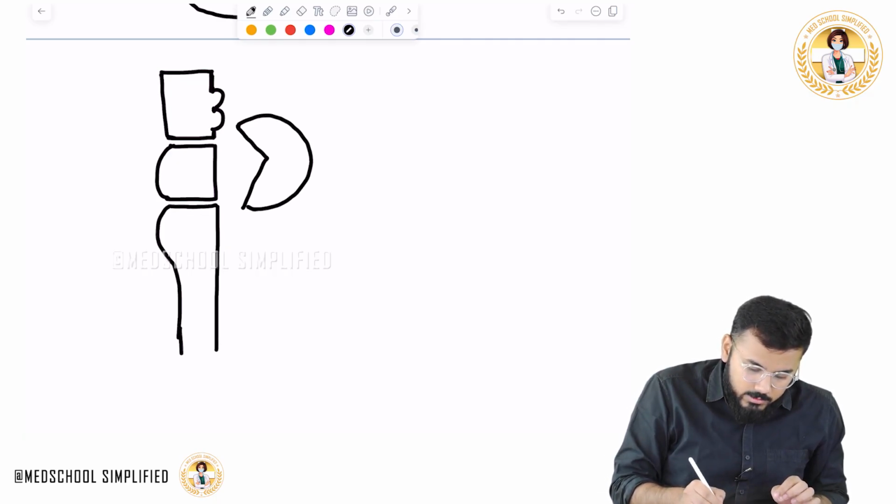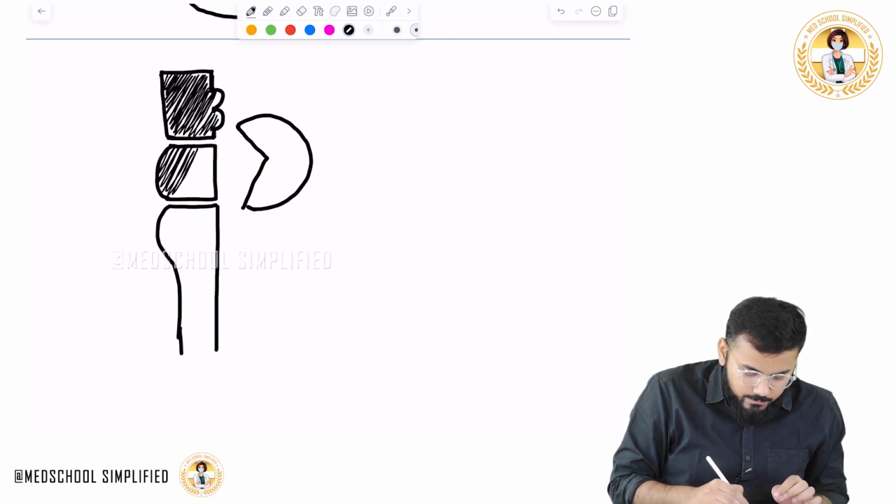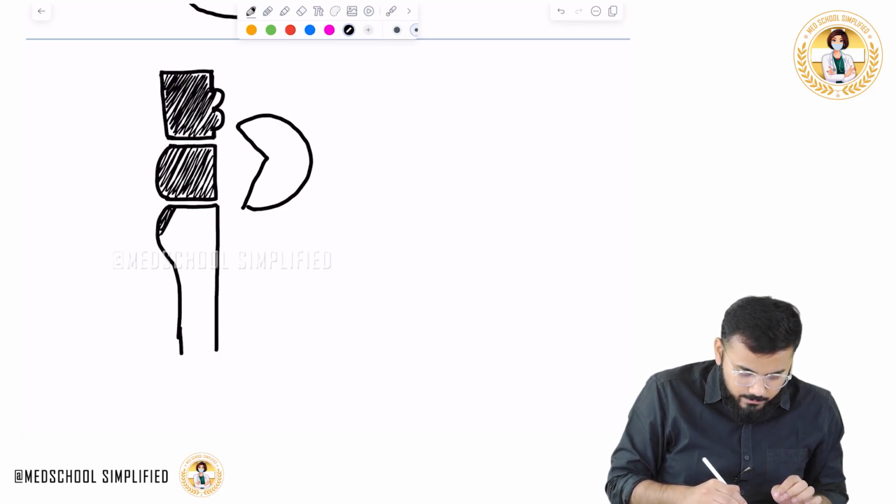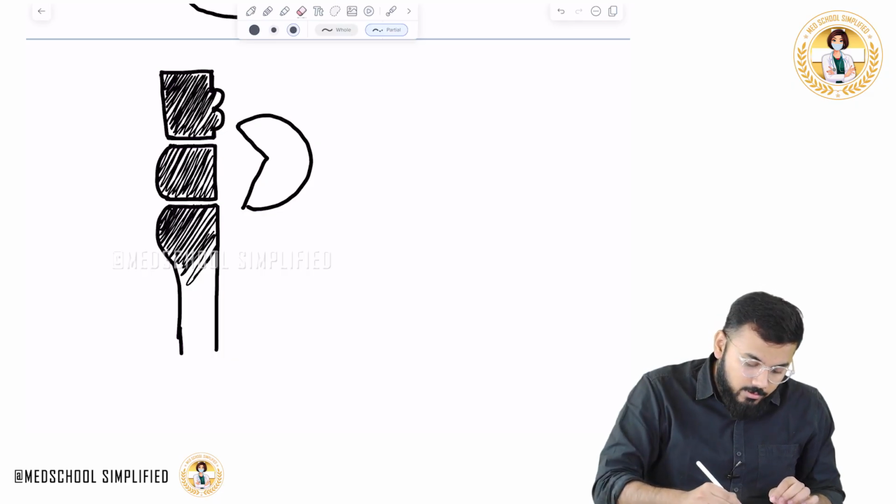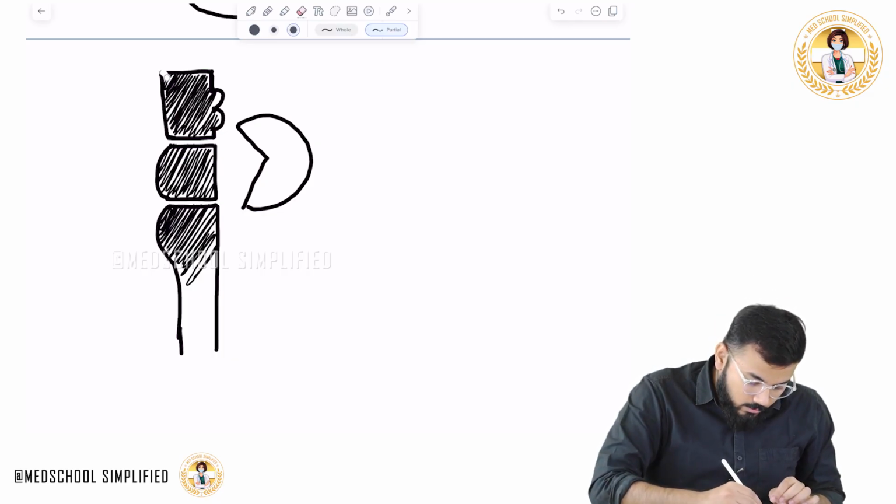Now let me highlight this part. Now it will be easy. You see now, there is a duct like this.